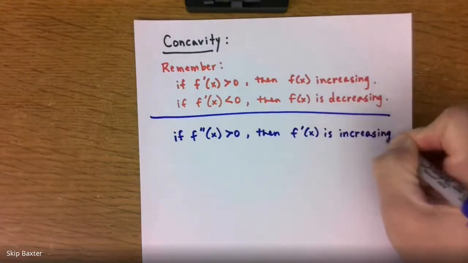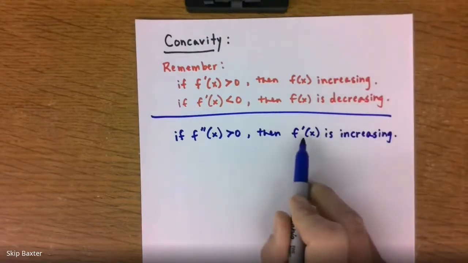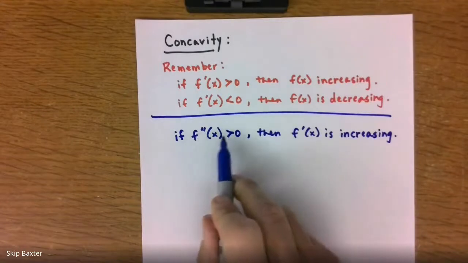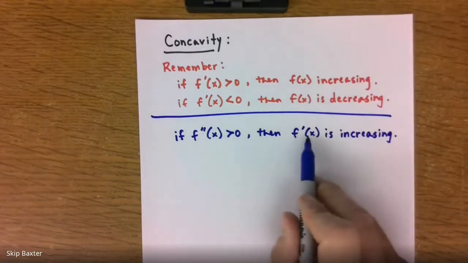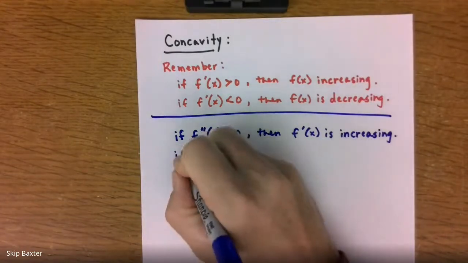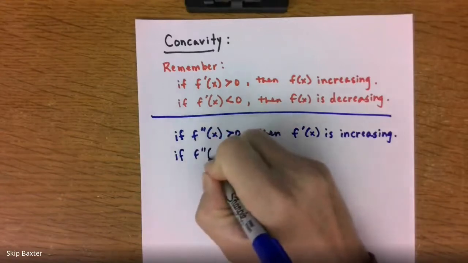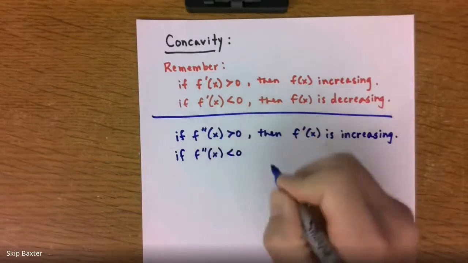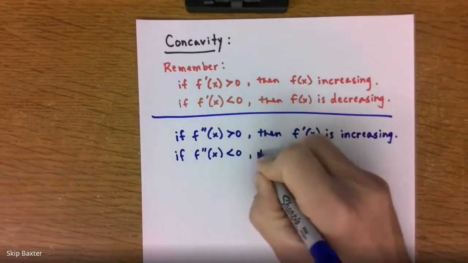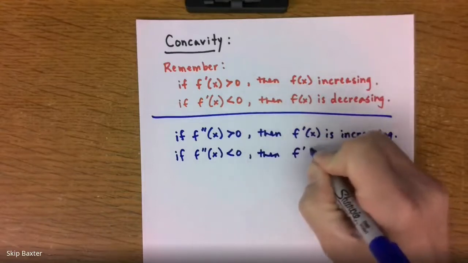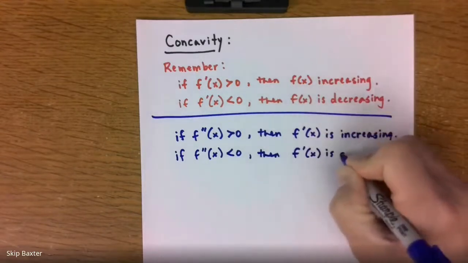Right? I'm just starting with f prime. If you take its derivative and it's positive, then f prime is increasing. If you take its derivative and get f double prime and get a negative number, then f prime is decreasing.